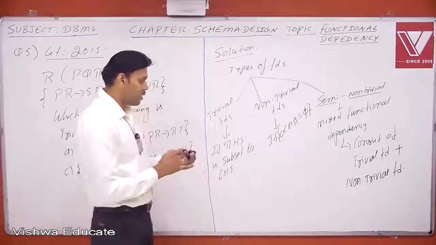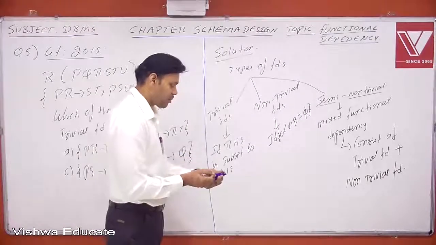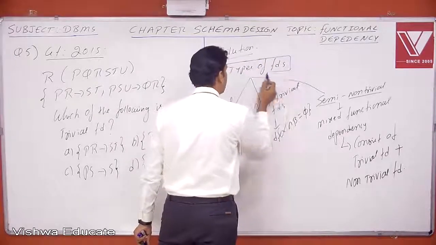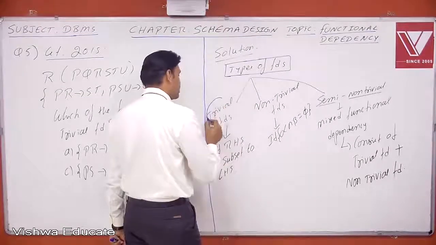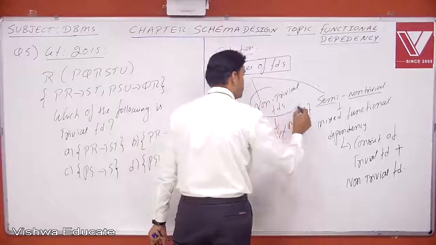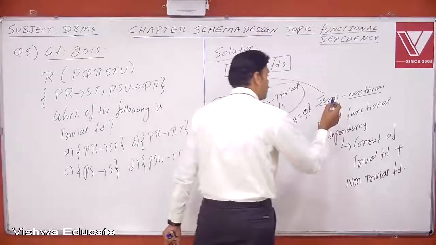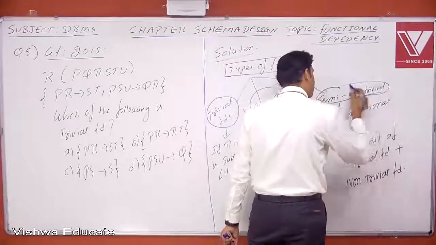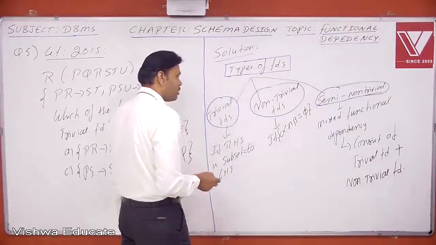So this is how the functional dependencies have been categorized. We have three varieties of functional dependencies. One is trivial, we know how to identify. One is non-trivial, we know how to identify. And one is semi-non-trivial, and we will be learning how to identify it.